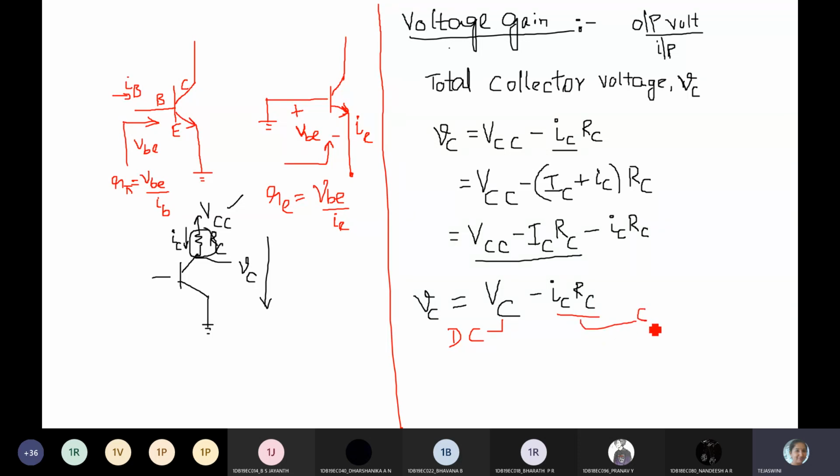The first term is the DC component and the second is the signal component. So for which one are we supposed to find the voltage gain? Are we worried about DC or signal? Signal, ma'am. Okay. Now I'll move on to the next slide.